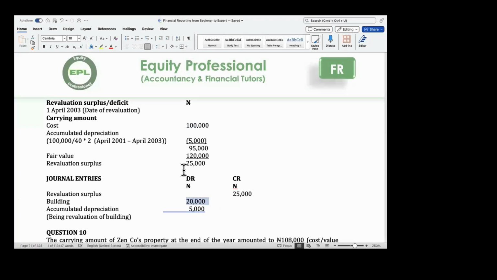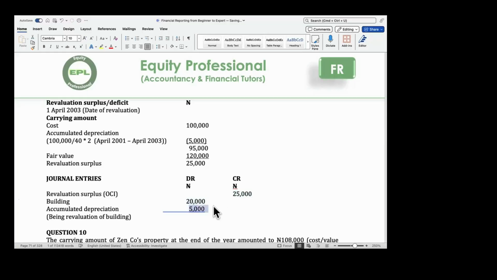When you have taken care of that, then you can deal with the surplus. Surplus goes to OCI. So this revaluation surplus, I'm taking it to OCI straight on. It's an income, so we credit. So we're having 25 on the credits and 20 on the debits. There's a difference of 5.